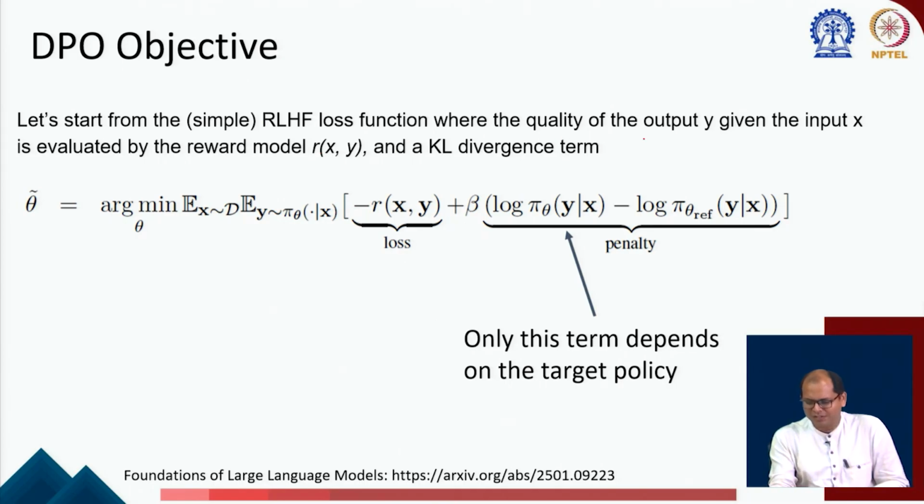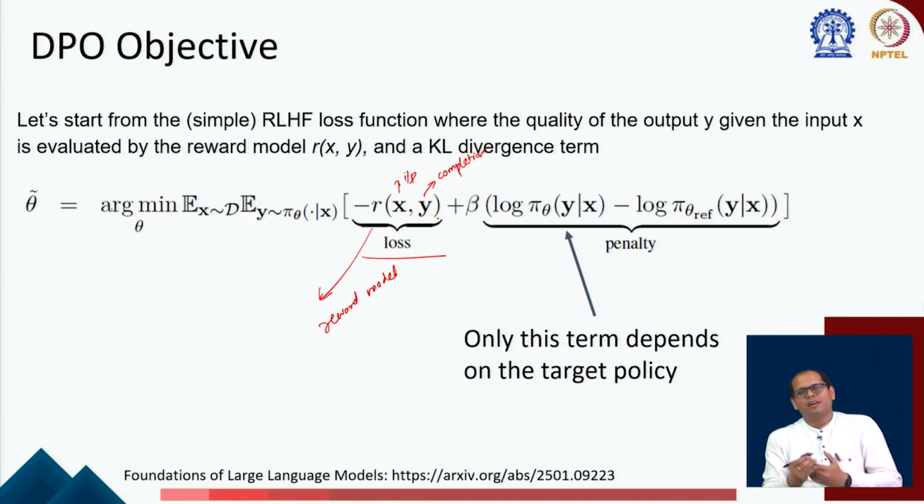so the loss function is the quality of the output y. So you have the reward that you have got. x is your input and y is your completion, and r(x,y) is your reward model. You want a high reward, so your actual objective to maximize was r(x,y), the reward, minus the penalty, beta times the penalty between the model and a reference model, right?